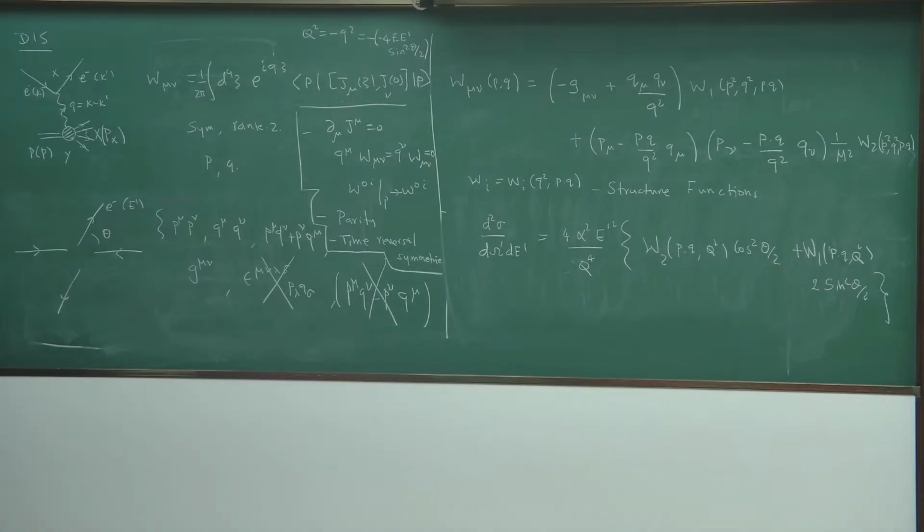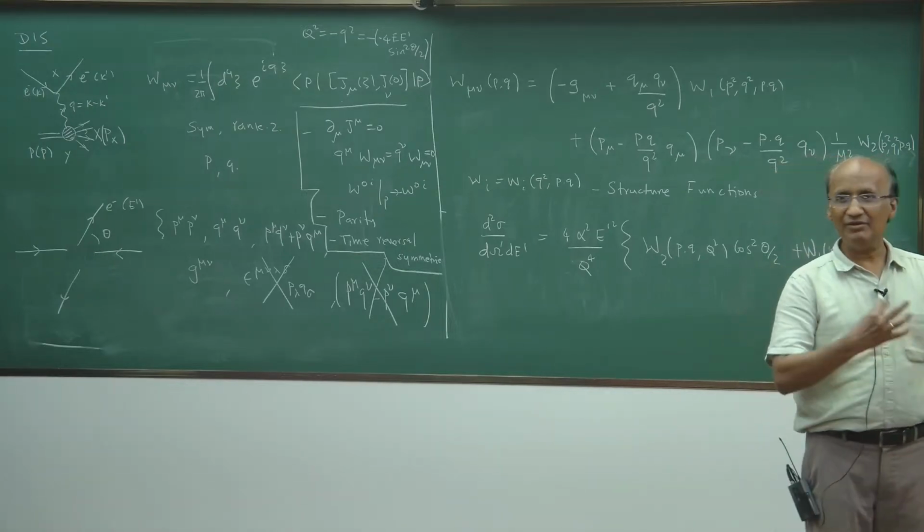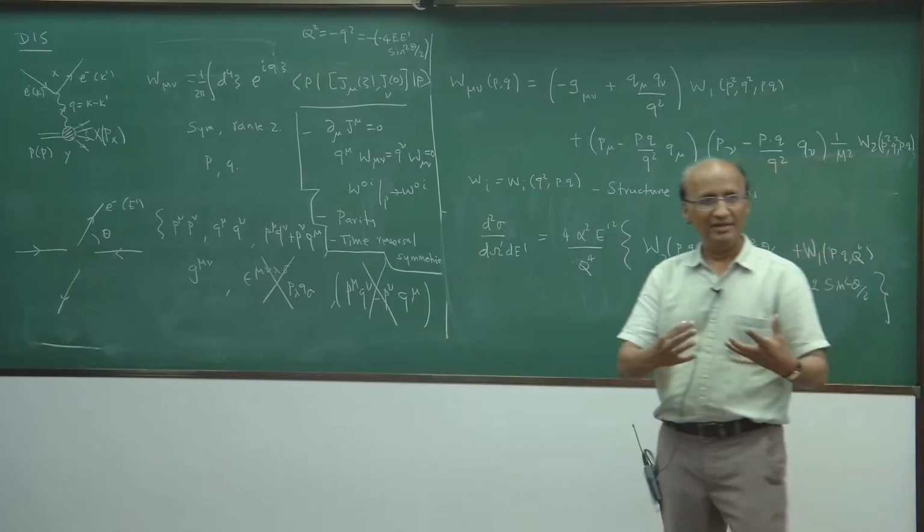That is always the practice: if you have an expression, you study what happens at large Q square, large proton momentum, large photon momentum, and things like that. So we wanted to look at how this function behaves, because you have an integral representation for this W mu.